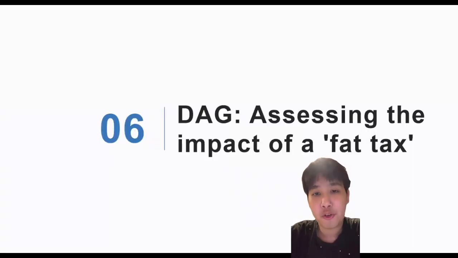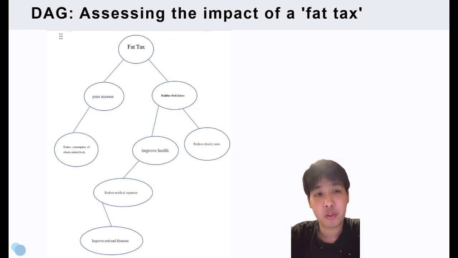For the DAG picture, with this DAG, you can see that the introduction of the fat tax could affect health and economic growth through multiple causal pathways. Economists can use empirical economic models to assess the specific effects of these causal pathways.